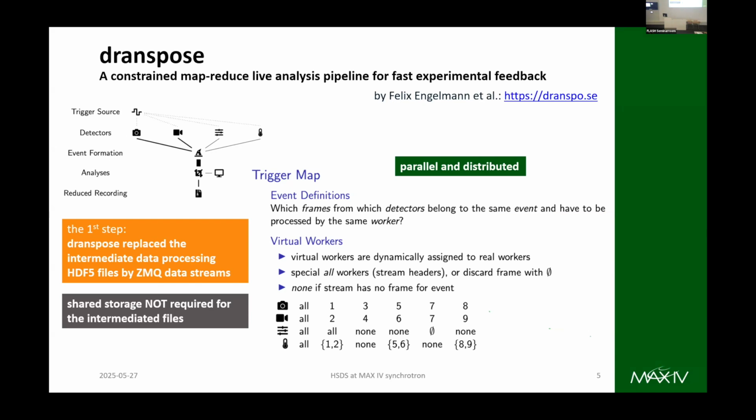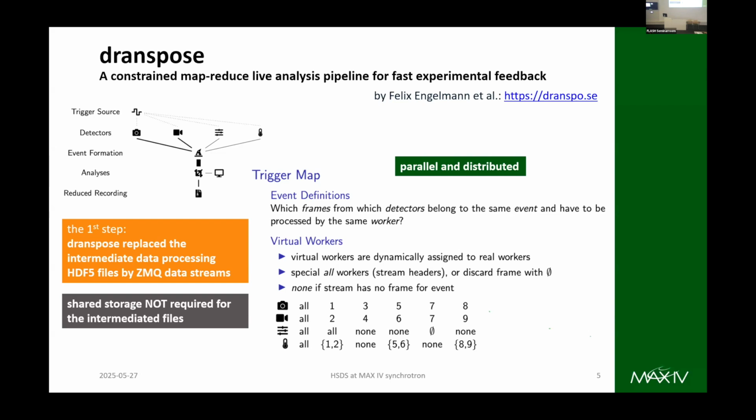In Dranspos, it is constrained, because at the beginning of the so-called scan, you have to load a map that we call the trigger map. There is a map where the signals will go. So for example, the start signal from all the data sources will go to all workers, like virtual workers that are mapped to physical workers.